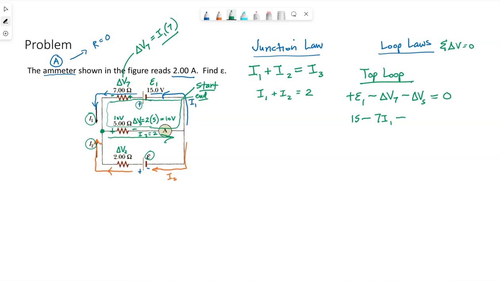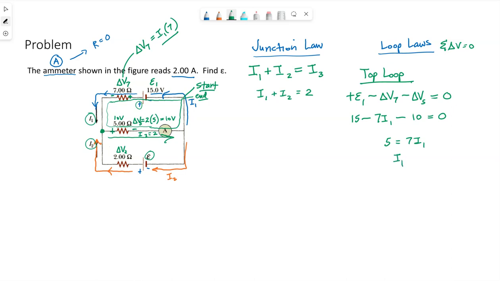Delta V5, we do know the current flowing through the 5 ohm resistor is 2 amps. Its resistance is 5. So we know there's 10 volts here. That gets us back to where we started. So that needs to equal 0. So let's see, 5 is equal to 7I1.